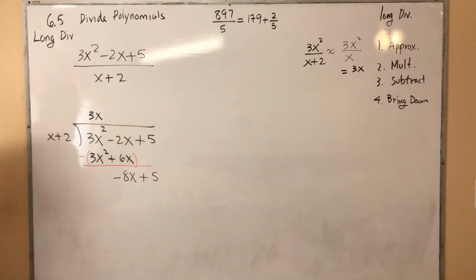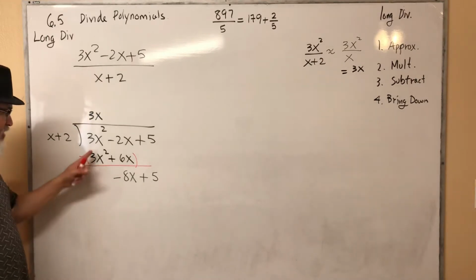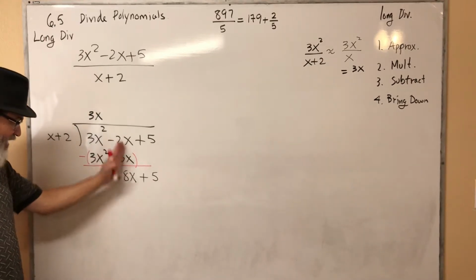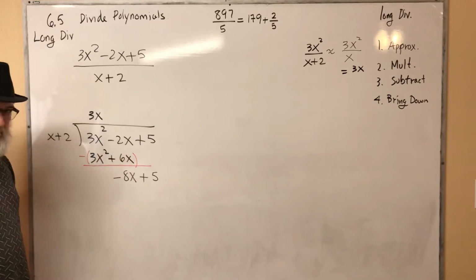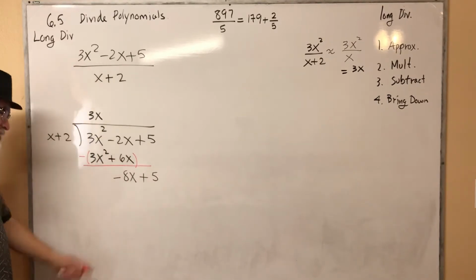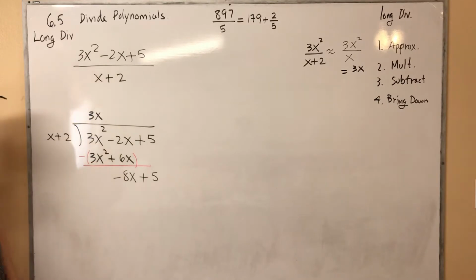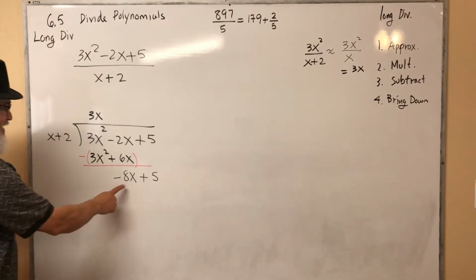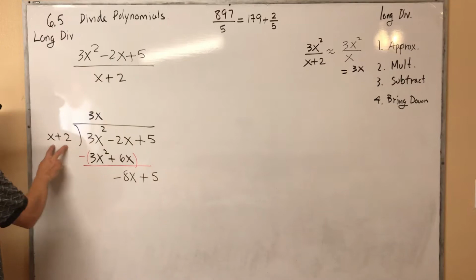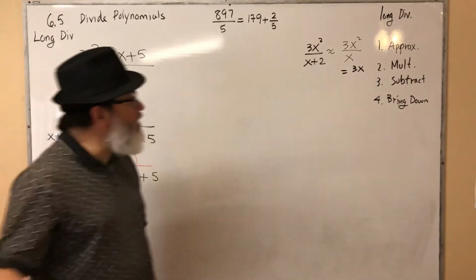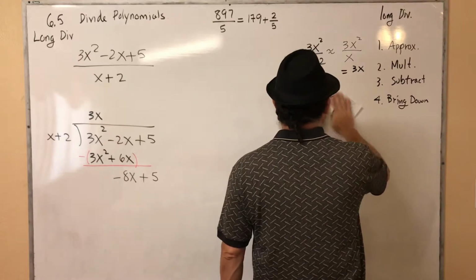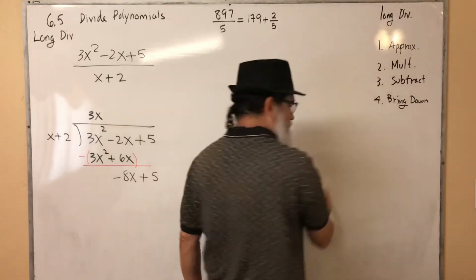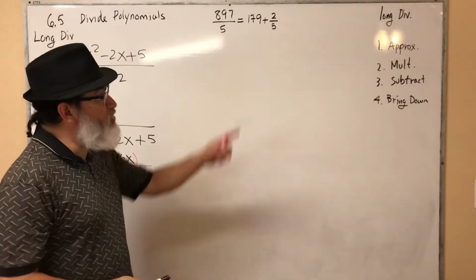All right. So now you're done with the first term. Now you're going to the second term. Look, this corresponds to the second term. Let's approximate again. Let's take the negative 8x divided by x plus 2. Approximate again. Move back to square one.